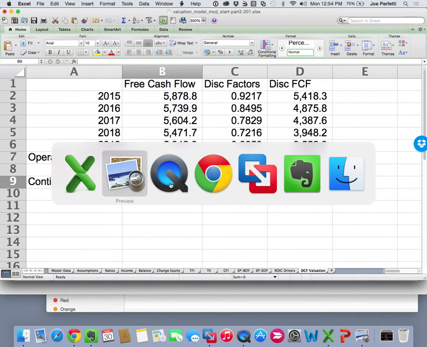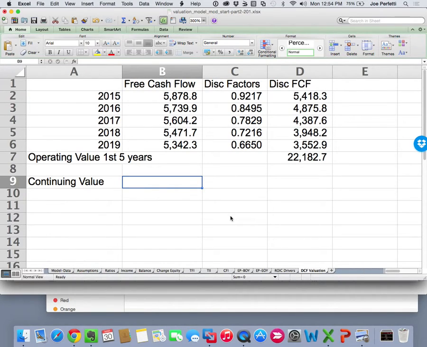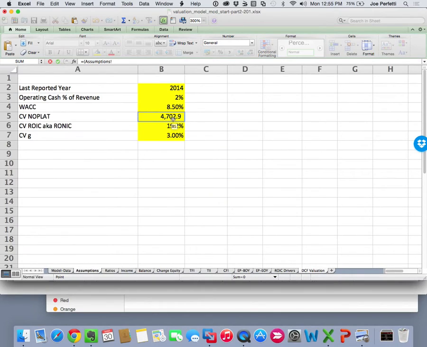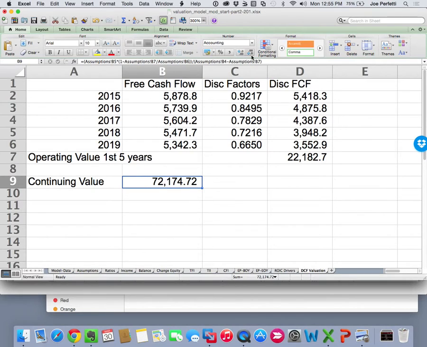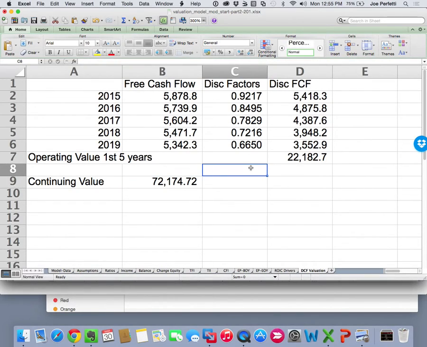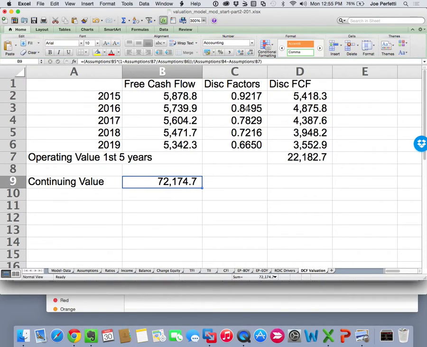So again, putting in this formula with the correct order of operations: equals left paren, from the assumptions tab, my continuing value NOPLAT times left paren 1 minus the CV G divided by the ROIC, right paren, divided by left paren WACC minus G. So somewhere around 72 billion and change is the continuing value for McDonald's, right?